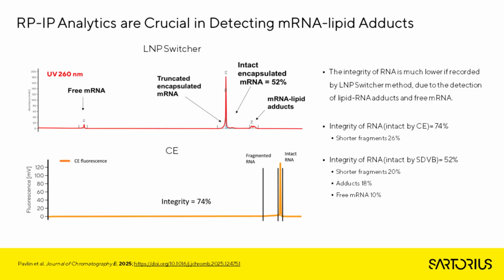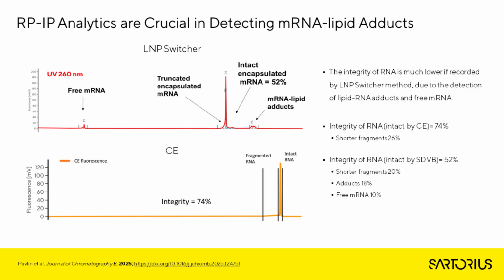So here I have one interesting comparison using LNP switcher and capillary electrophoresis for determination of the integrity of the LNP formulation. In the upper part we can see that with LNP switcher we can determine the amount of free mRNA, truncated mRNA, intact mRNA, and mRNA lipid adducts. But when capillary electrophoresis is used, first we need to open the particles, so we lose information about free mRNA inside of the particles.